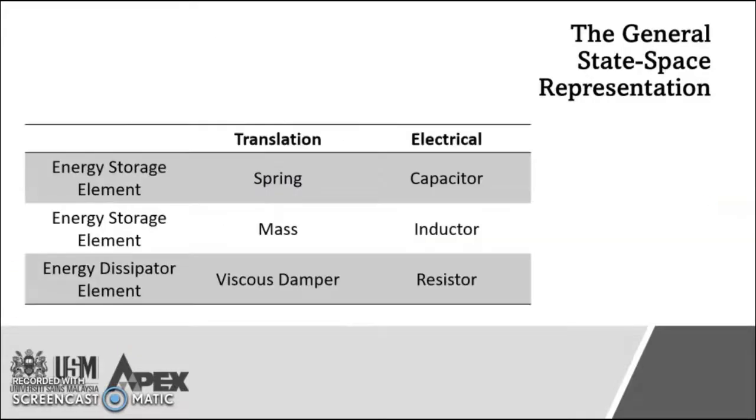So apart from that, what you have to know and bear in mind if there are translation and electrical network problems is that you have to identify the energy storage elements. Basically in translation, there are two, which are the spring and the mass. So both of these store energy, but the viscous damper dissipates the energy.